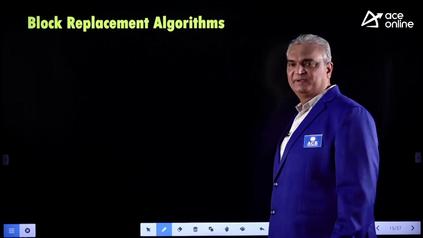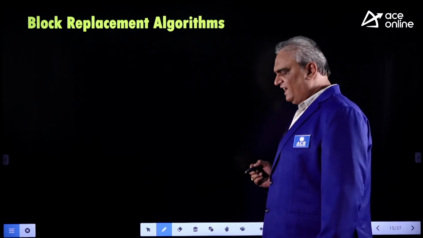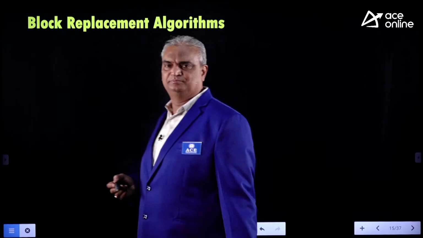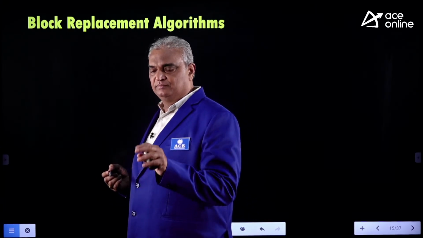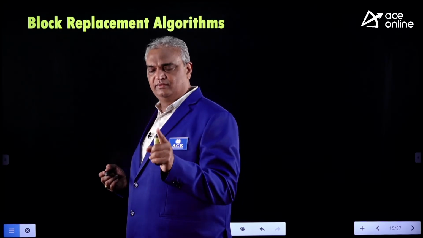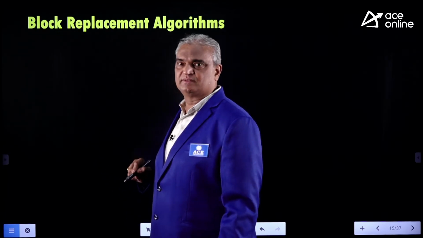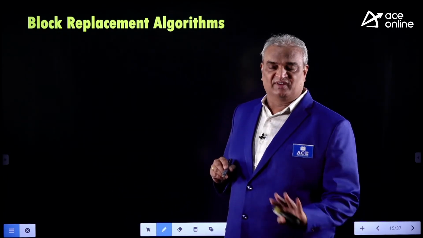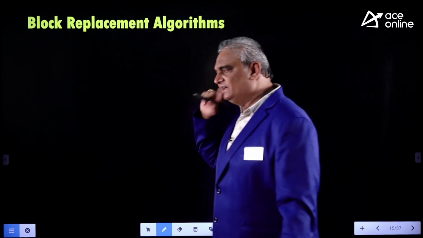Next, block replacement algorithms. When a miss has occurred in cache memory, the processor visits main memory. Then, when all blocks are filled in cache memory, or when in a certain set no vacancy is there, it uses a replacement algorithm for selecting one of the blocks to be replaced.